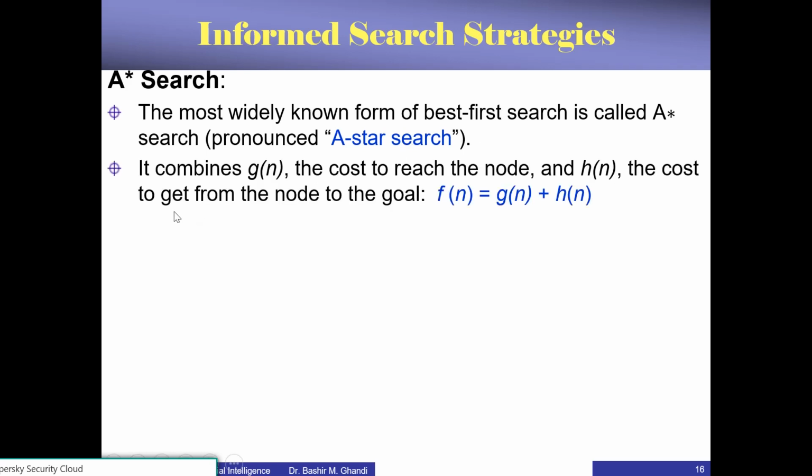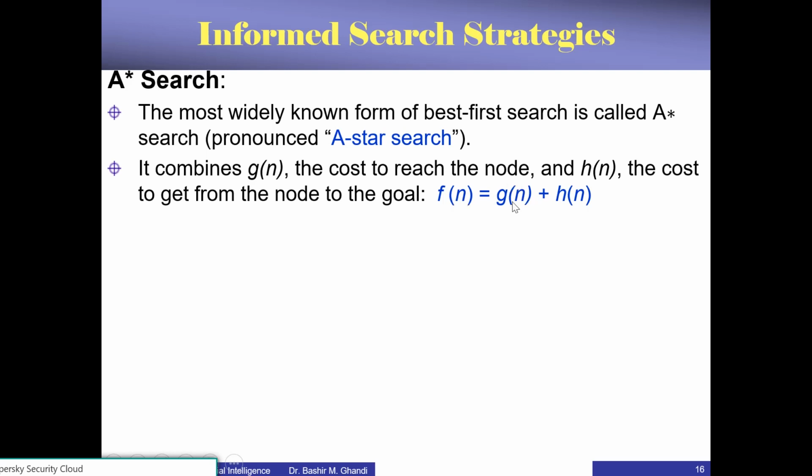It combines g(n), which is the cost to reach the current node, and h(n), that is the cost to get from the node to the goal. So it's going to utilize not only the heuristic function, which will tell us the estimate from the present node to the goal, but also what it knows from the start state to the current node.